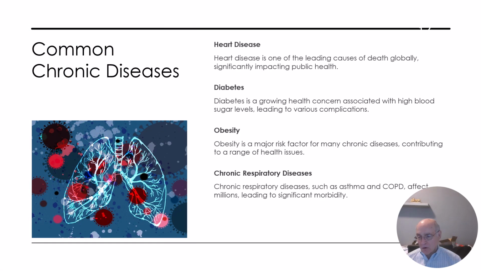So we know that there are certain chronic diseases that are linked to prolonged stress, like heart disease, diabetes, obesity. I mean, most of these problems, chronic respiratory diseases, all have an underlying keynote of inflammation. So inflammation plays a big role in managing these patients with maladaptive stress responses because the stress is driving inflammation.